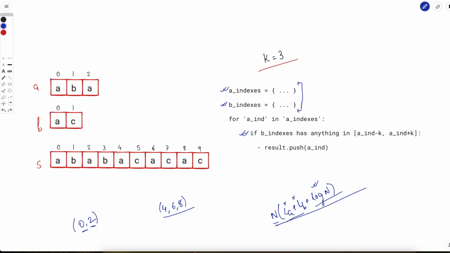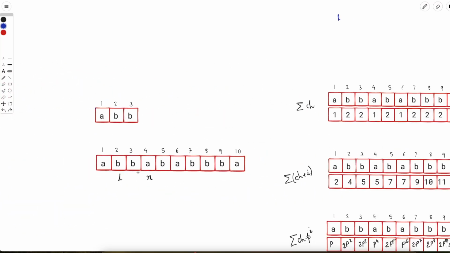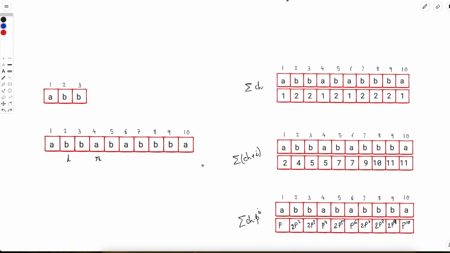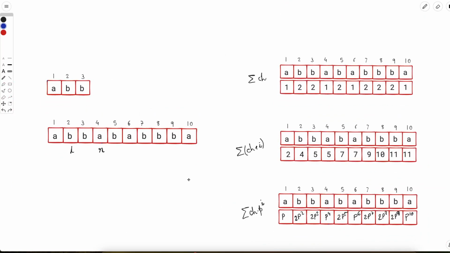But if you don't know it, you can simply do hashing. We have discussed hashing in previous videos as well, but for clarity we will discuss it one more time here in a very brief manner. The problem is we are given this string s and we have to figure out which of these indexes is equivalent to this string.